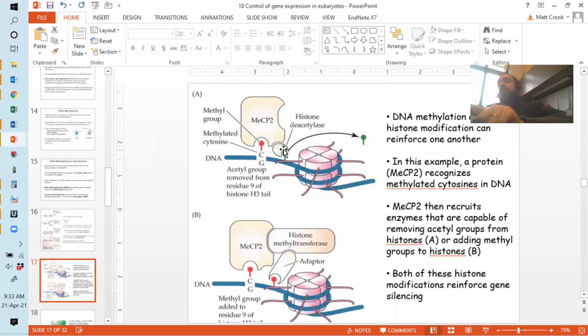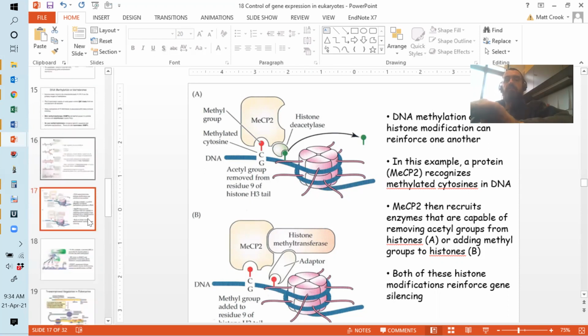That protein recruits another protein, which removes the acetyl group of a lysine residue on the histone tail. And then potentially that can also recruit another protein, histone methyltransferase, right, which methylates that tail, which even more so suppresses transcription and inactivates that chromatin. So there's a very complex interplay between all of these different things, which is not very well understood.